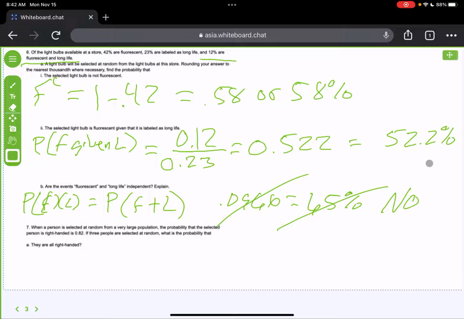Well, since it doesn't matter about the previous person, we just multiply these together, right? So, if you multiply those together, you would get about 0.551.